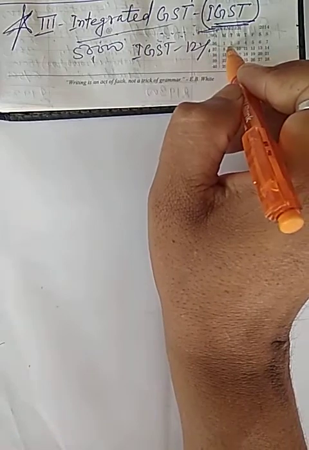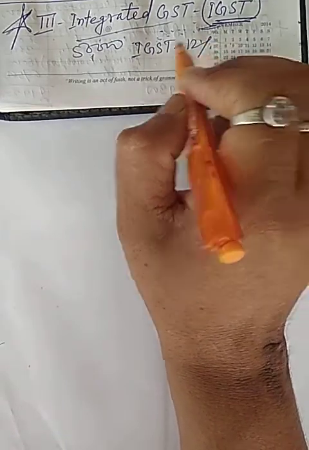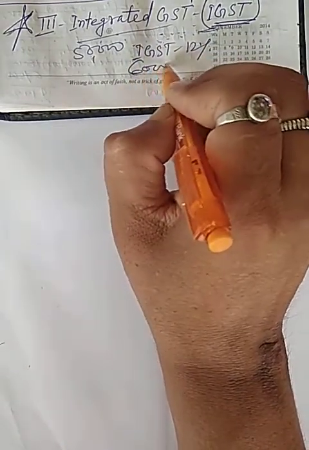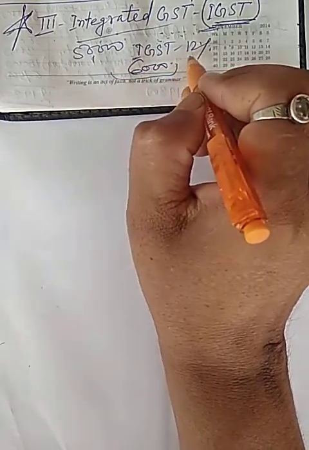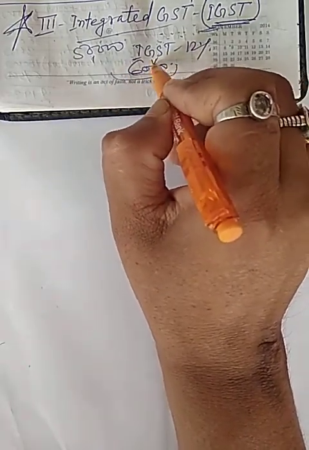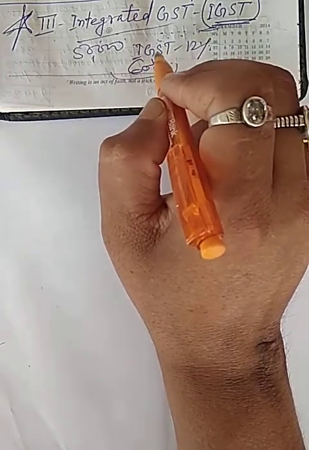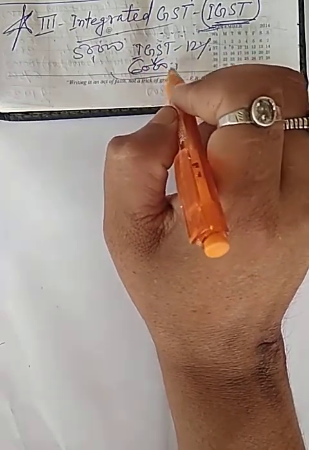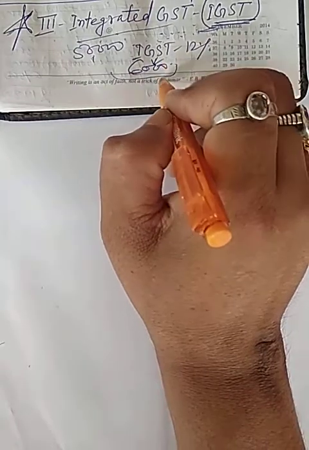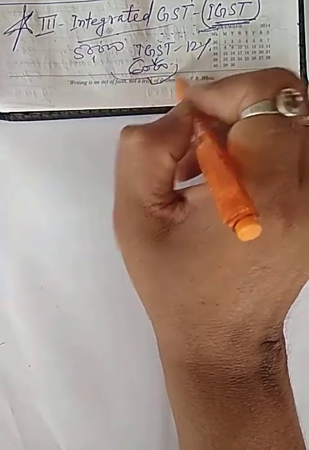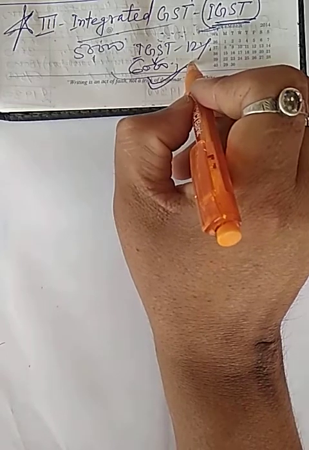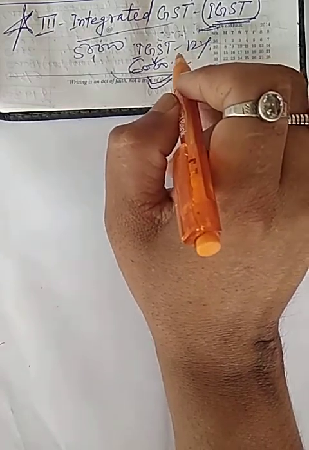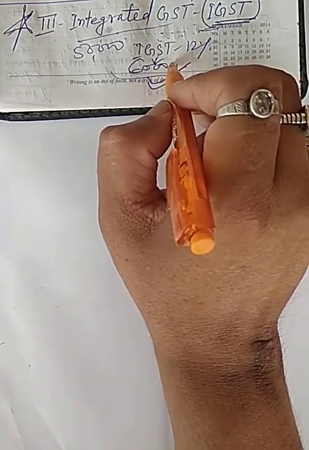In such a case, the seller will charge 6,000 as IGST, and this entire amount will go to the central government only. So, these are the three types of GST.